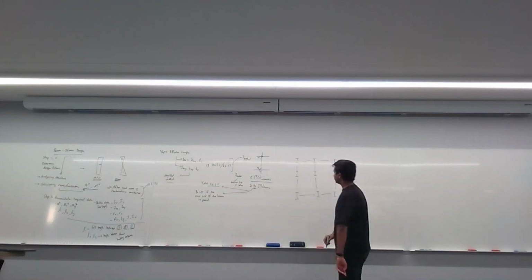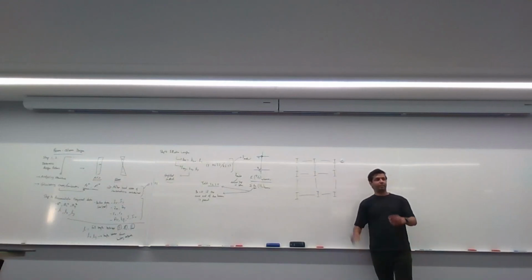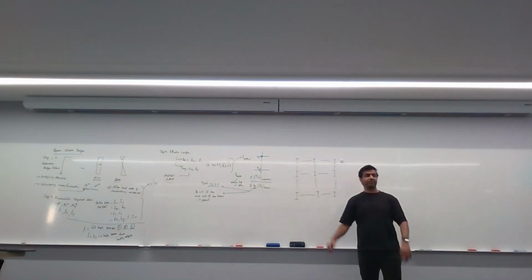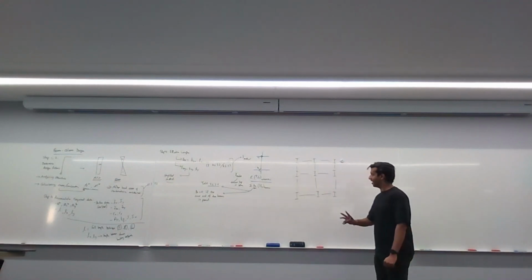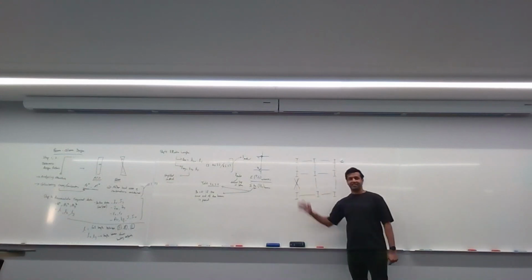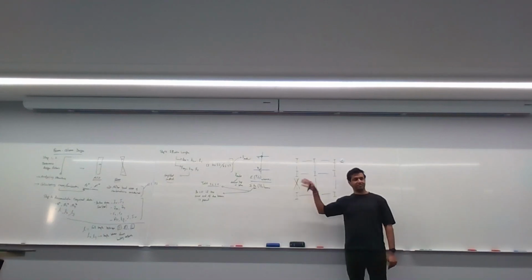Does everyone understand this drawing? You've got a bunch of columns that are moving into the page, and you've got all these beams connecting everything up. Now there's a brace here. Does everyone understand what this is? It's a cross brace downwards.